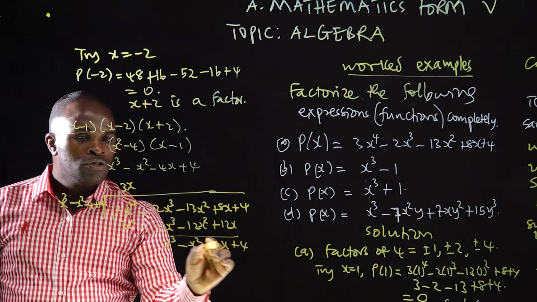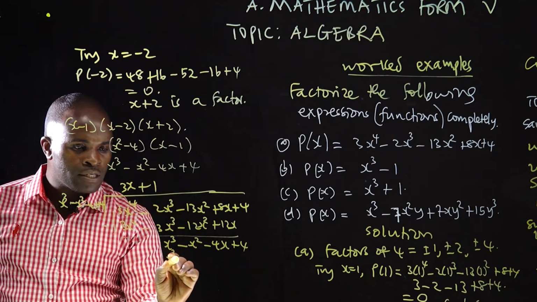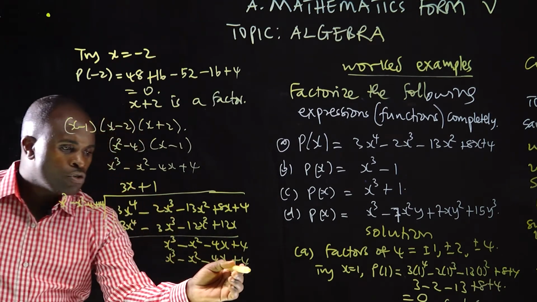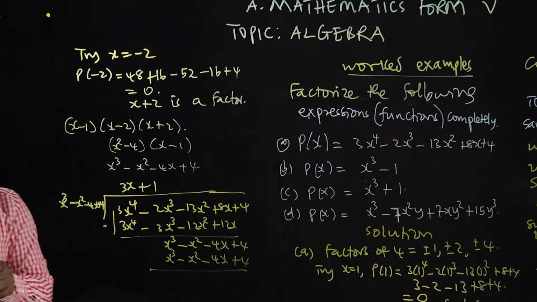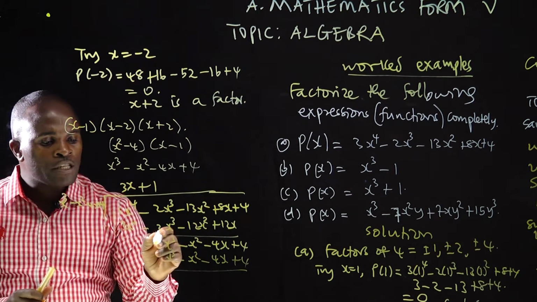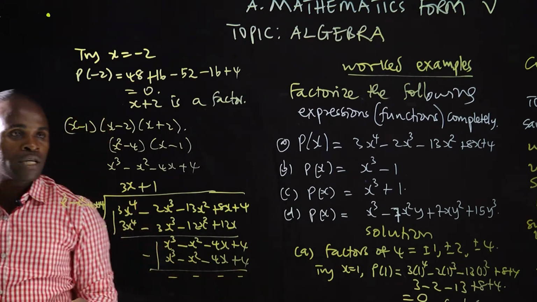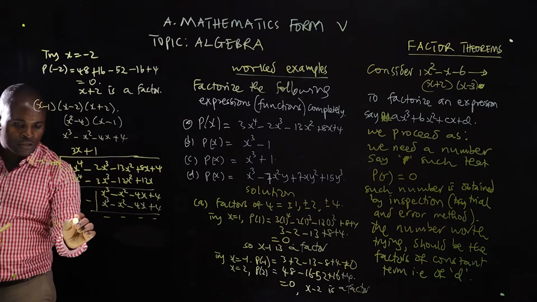Finally is 4. So which numbers? Plus 1. 1 is here, which is going to give the same result. So x squared minus 4x plus 4. So with this result, what do we deduce from this one? Upon performing subtraction here, the entire result vanishes. So factorizing, it means becoming x minus 1 factorization.